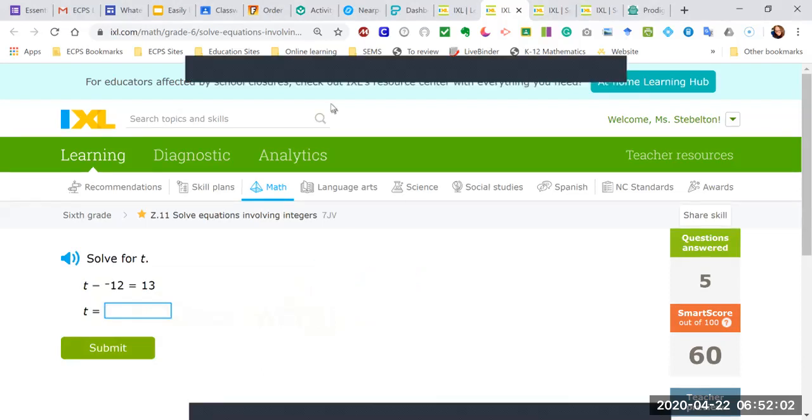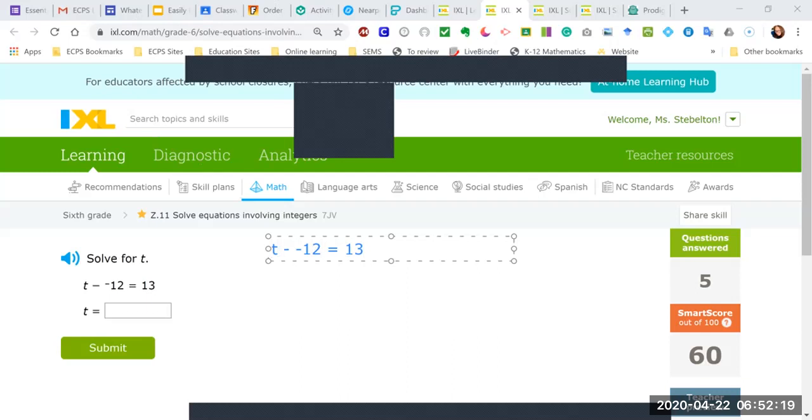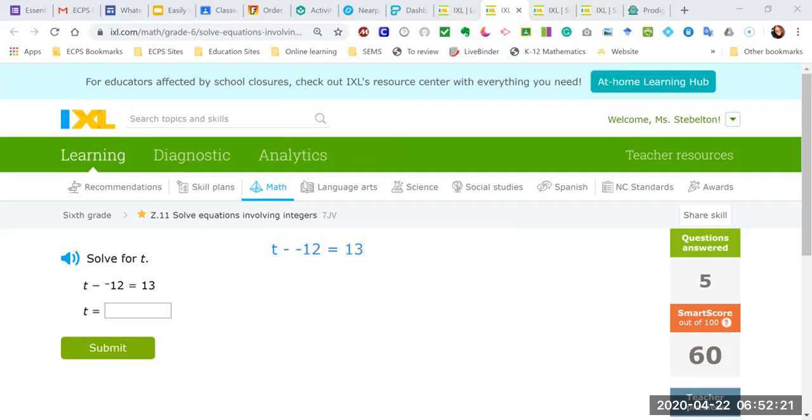I do want to talk about this one because it's slightly more complicated. It has t minus negative 12 equals 13. Again, our objective is to get that variable all by itself. Right now, it is with minus negative 12, so we're going to have to fix that. I'm going to make the line a little longer because we have to do a little work beforehand.